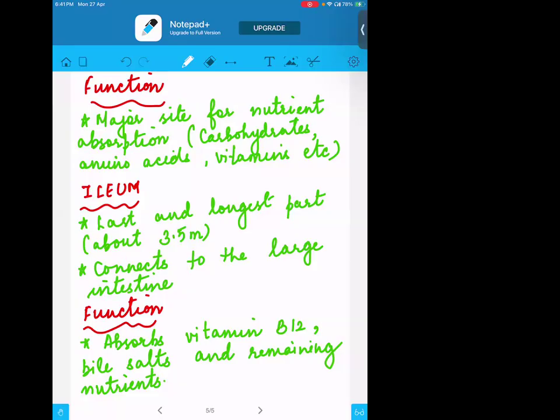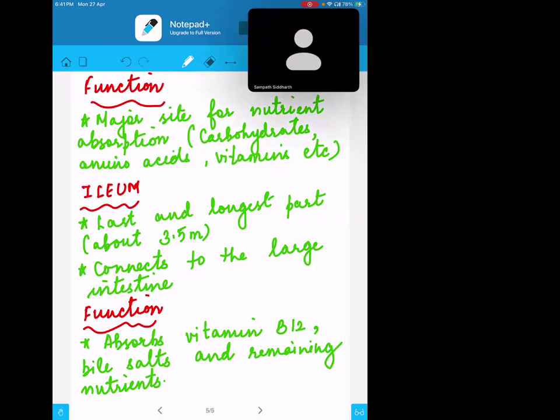Should we go to the next page? Everybody has done? Sampath, what happened? Actually, I'm talking to my sister. Okay.